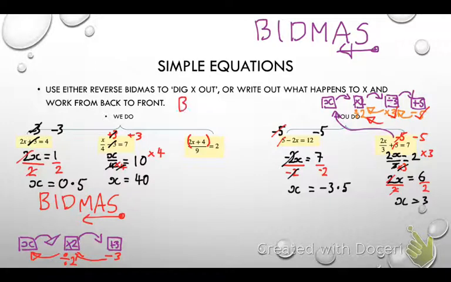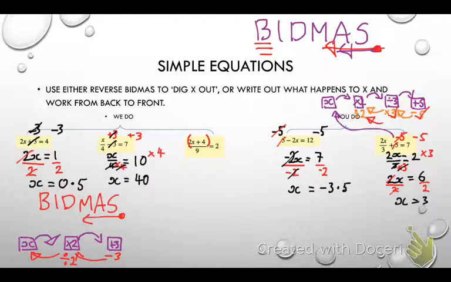And if we look at our reverse BIDMAS, you can see that when we're working from right to left to undo an equation, our B is all the way on the end, so we would deal with that last. So that means we're going to deal with our division first this time.